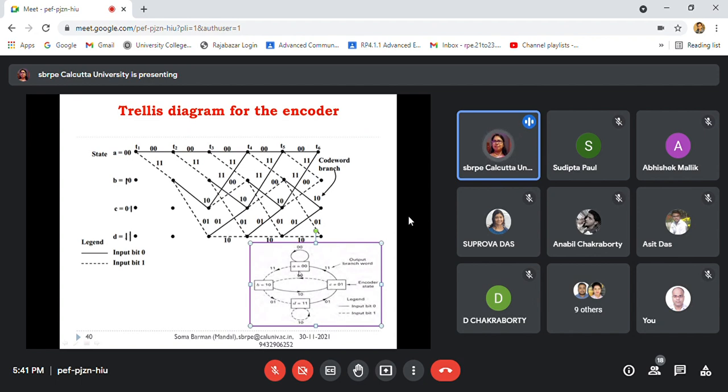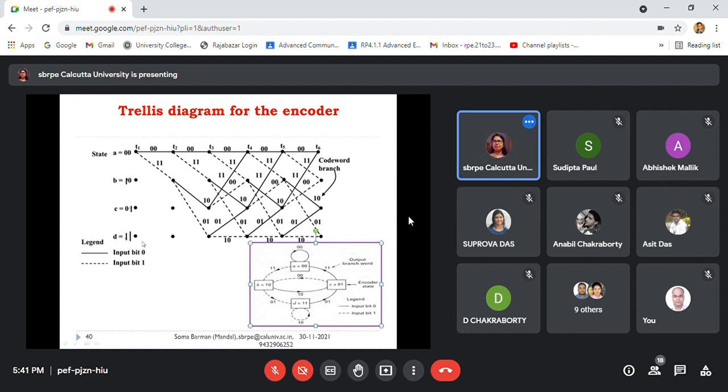We are considering the 4 nodes A, B, C, D. Suppose this is the time instant Ti or T1, or you can say T0 also. At time T1, the 4 nodes of the encoder, meaning the 4 states of the encoder, are 0 0, 1 0, 0 1 and 1 1.